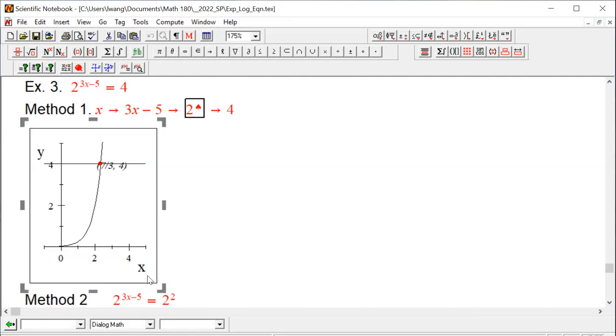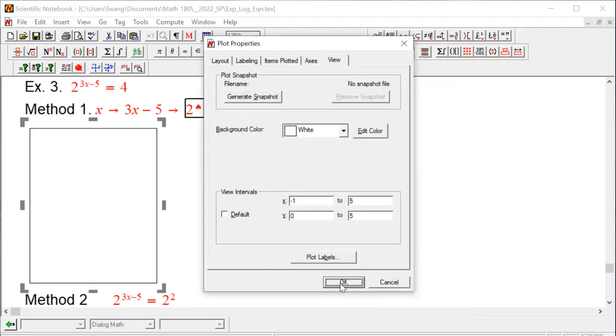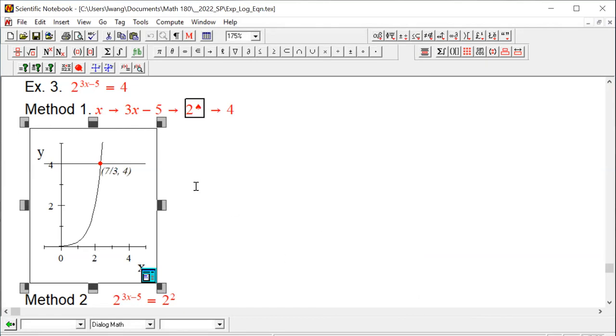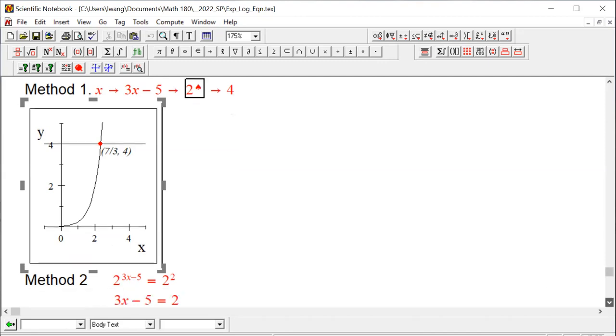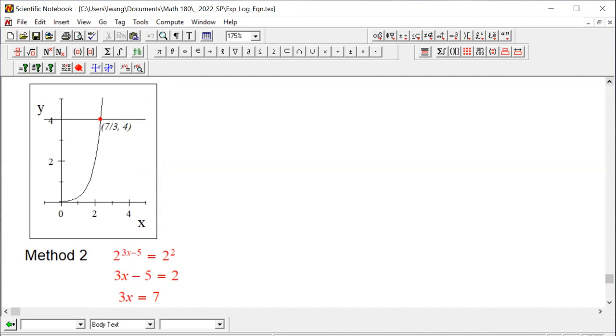Could I do a little bit better? Let me just indulge myself to make it a little bit more clear. There we go. It's much better. You can see the meaning, right? We know the output, we draw a horizontal line, but it's hard to identify the input from the picture. That's why the algebraic method is more important.